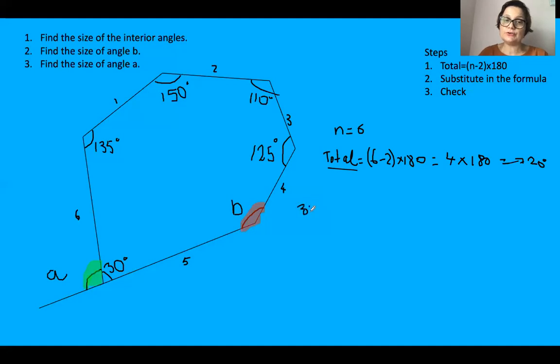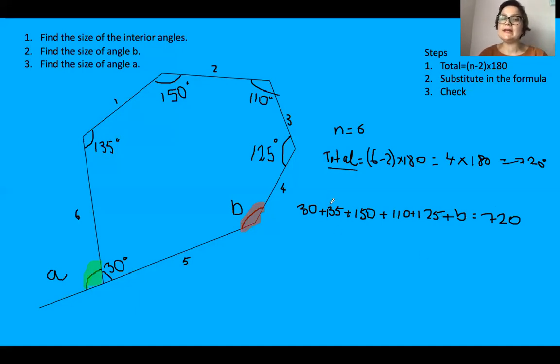Total means to add, so 30 plus 135, plus 150, plus 110, plus 125, plus B, all right, plus B, equals 720. Okay, let's see if we wrote down all the angles. So we have 1, 2, 3, 4, 5, 6, exactly.